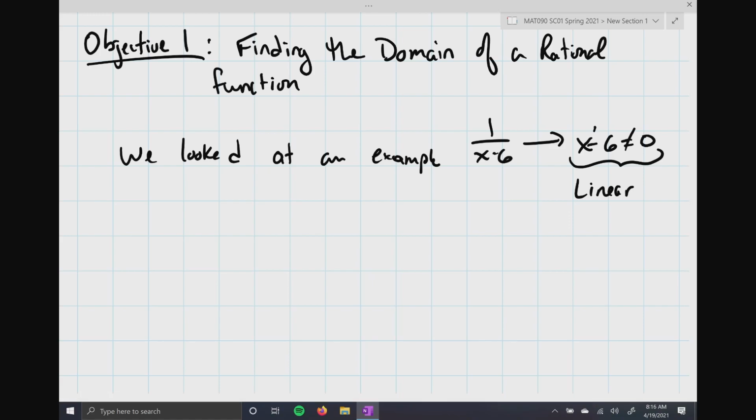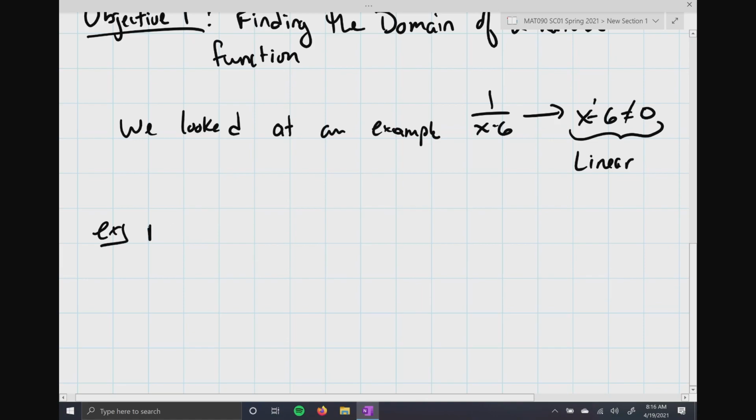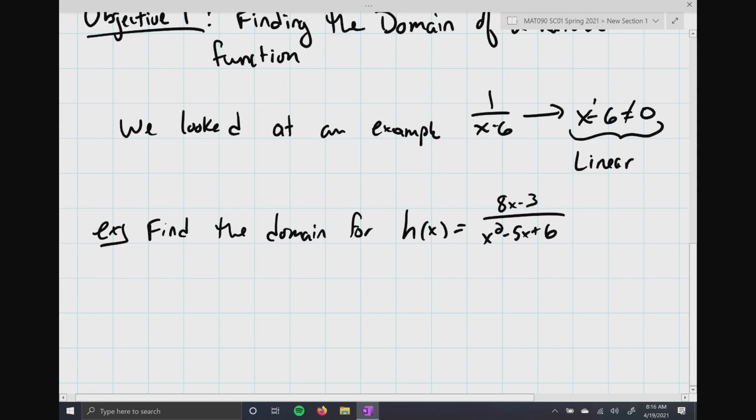Today, what I want you to do is find a domain for h of x equals 8x minus 3, all divided by x squared minus 5x plus 6. Notice, it is the same exact question. It is a function in which I need to find a domain. The steps are: first, identify the function. Step 1.